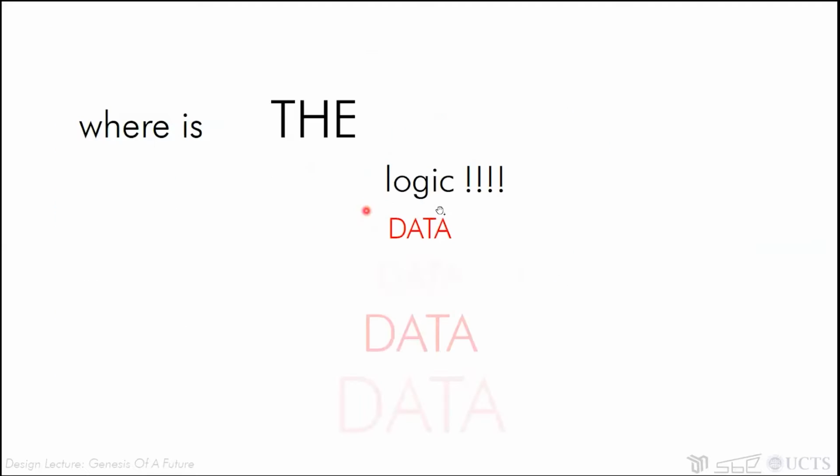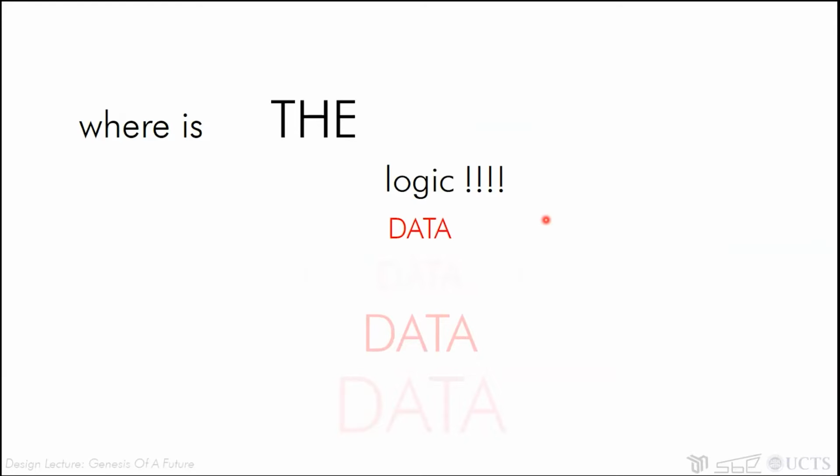So where is the logic when we design like that? Once in a while we have nice words coming out, but those nice words are actually the snapshot of a very arbitrary decision, or the subjectivity of a certain participant in the project.